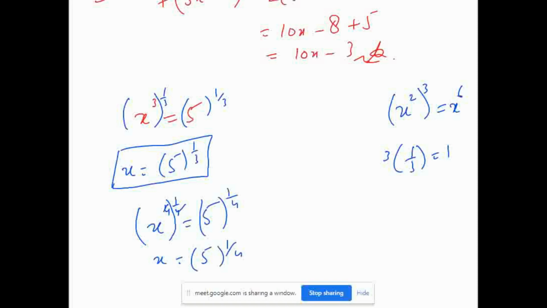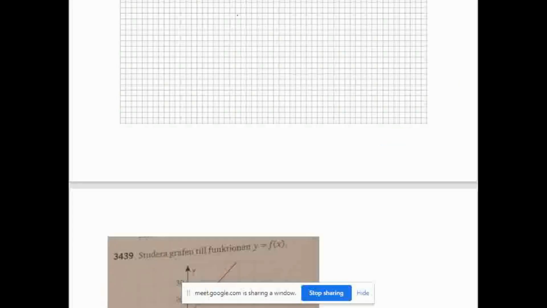Got it? Yes, this will be the answer for this case. But we were not solving that question. Here I am just sharing the previous concept, that if you want to remove the power, how to remove the power? Okay, you have to use the indices.